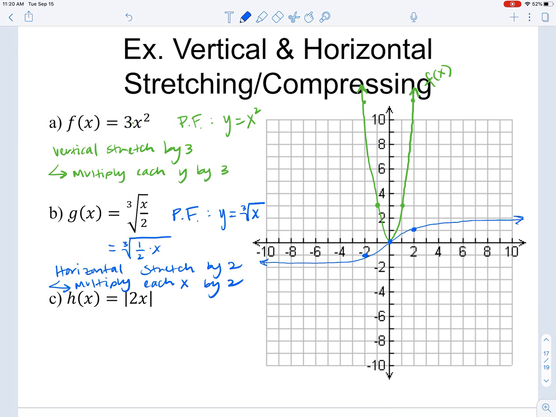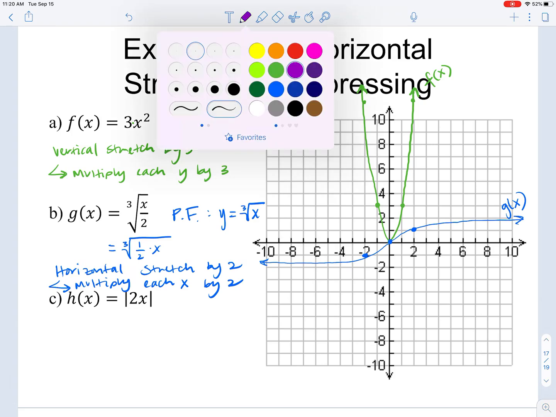Okay, so this is the cube root of x stretched horizontally by 2 to give us g of x.